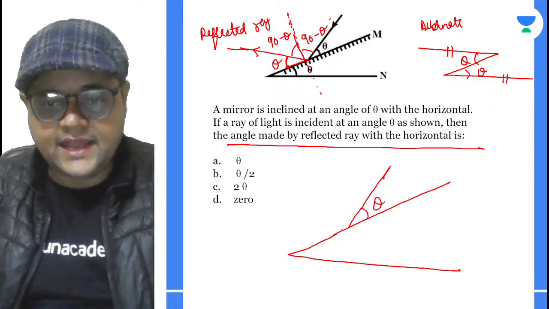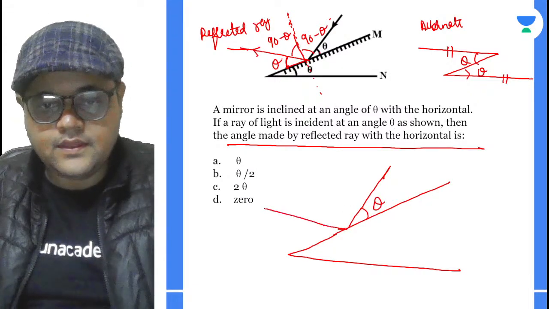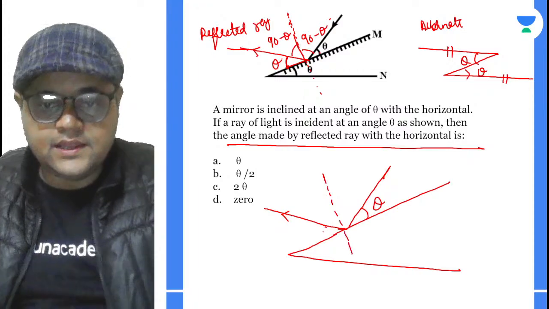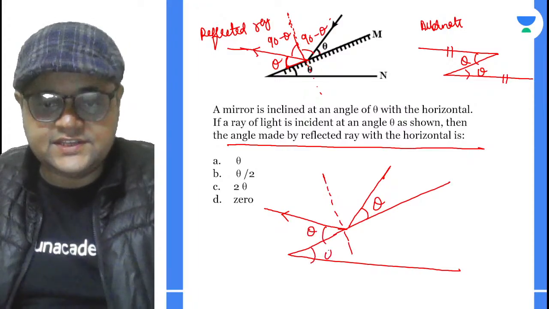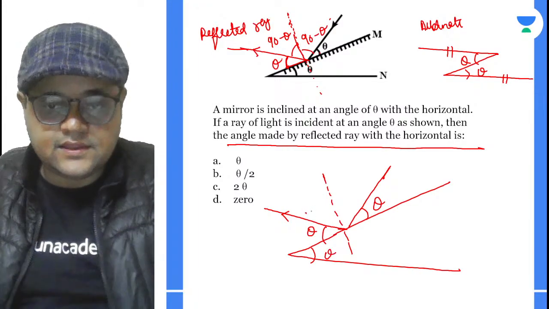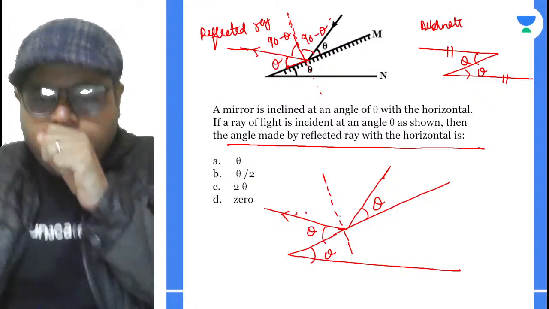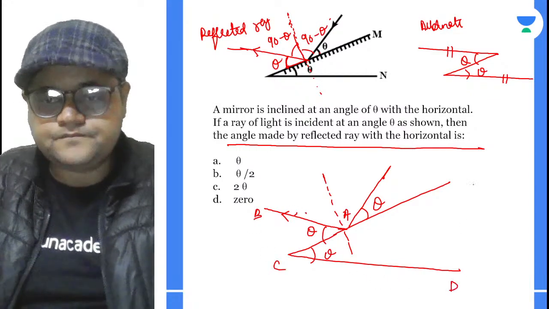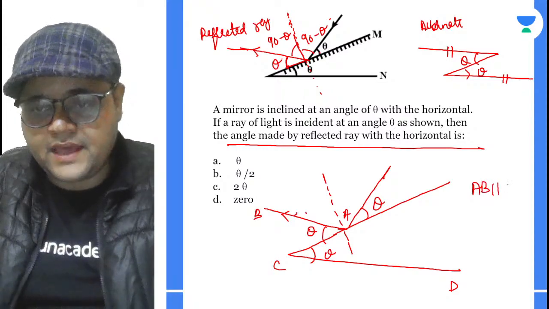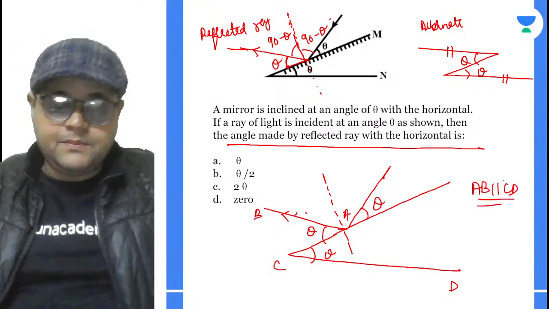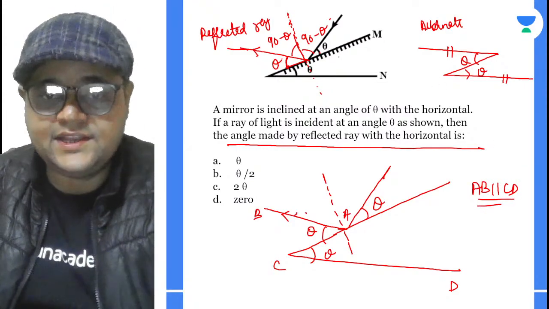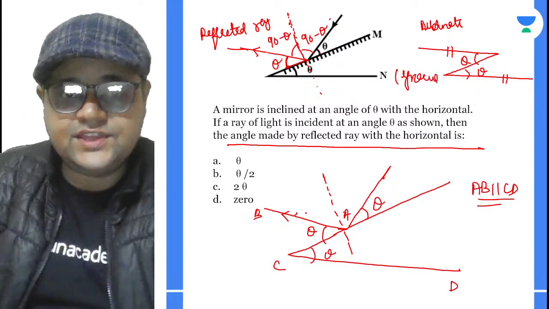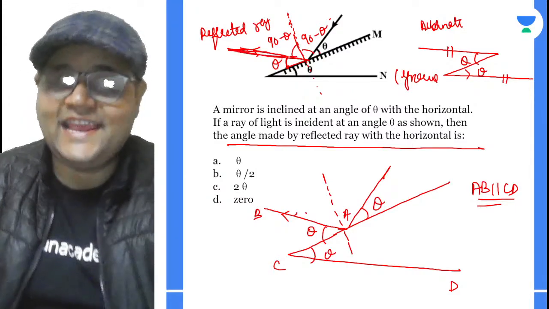This was theta, and this was the reflected ray. This was the normal. This again is theta. This is theta. If this is A, this is B, this is C, this is D, then AB is parallel to CD. Now if AB and CD are parallel and this is the ground, the horizontal, then this has to be horizontal as well.